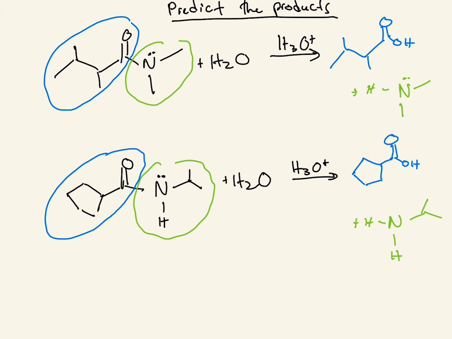We have 1, 2, 3, 4 carbons, right? And then what groups do we have there? We have methyl groups, and how many of them do we have? And they're on which carbons? 2 and 3, right? So we have 2,3-dimethyl. And what's the parent chain name for 4? But. Are there any double bonds? Nope, so we just put butane.